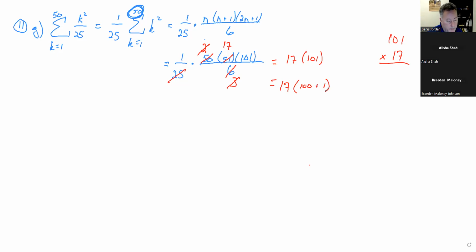You can write it as 100 plus 1 and then just distribute. Gotcha. So do the 17 times 100, then do the 17 times 1, and then add them together.